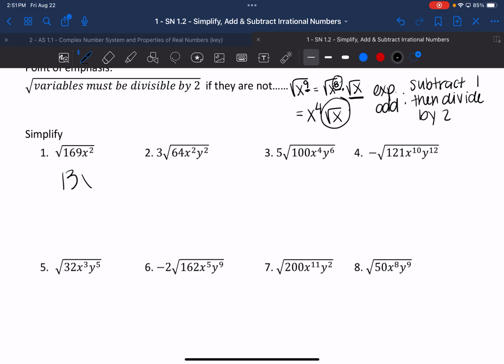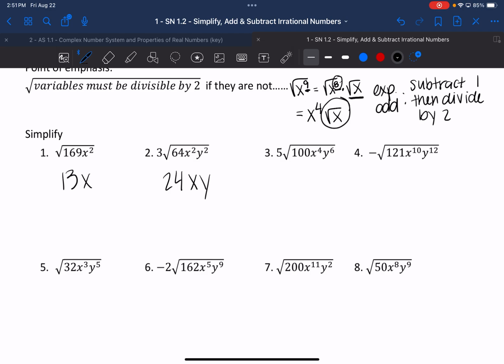So I get 13x. Perfect. Number 2, what's the square root of 64? 8. Okay? So I get to take out an 8, but what was already out there? 3. So 8 times 3 is going to give us 24. And then it looks like both of those variables have even exponents, so all I have to do is divide by 2. So I'll just have xy.